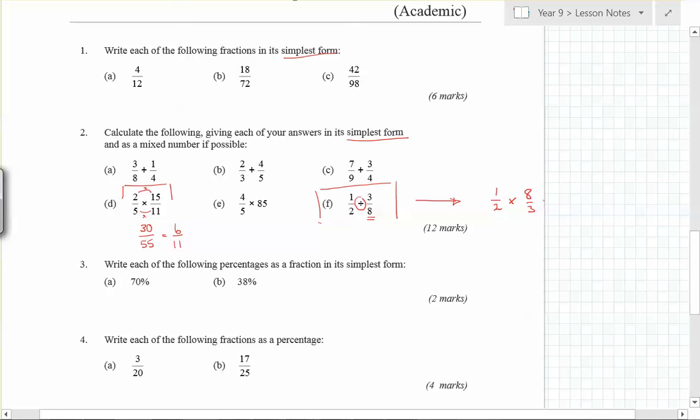Is it always the second one? Always the second one, if it's a fraction. So then it becomes 8 over 6, which simplifies to 4 over 3. As a mixed number, that's 1 and 1/3.